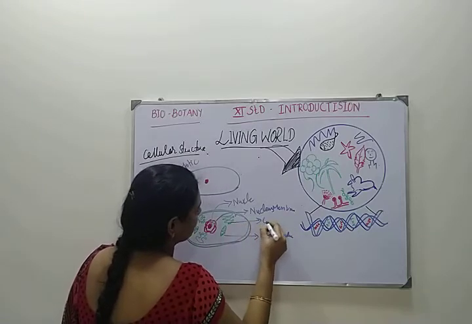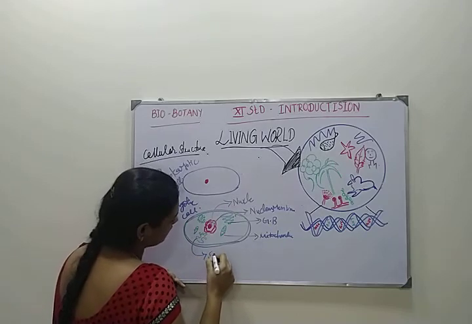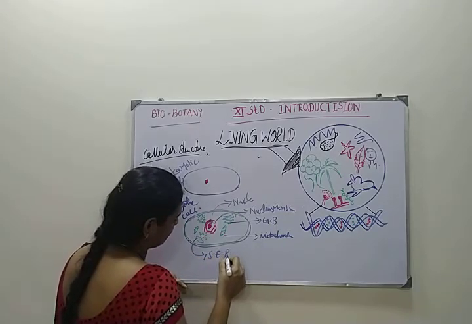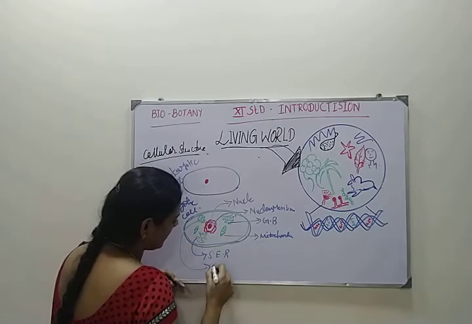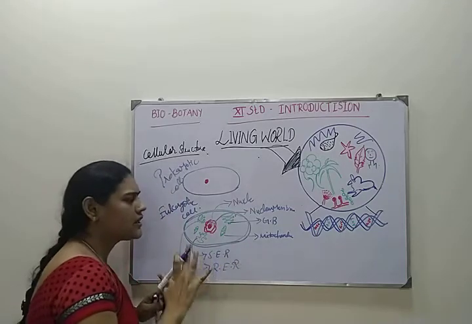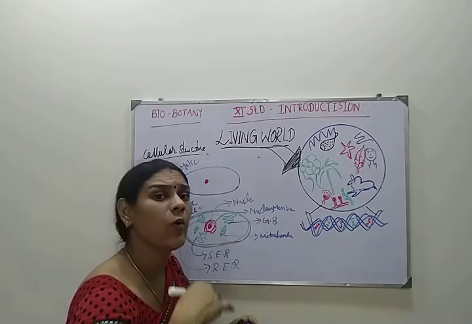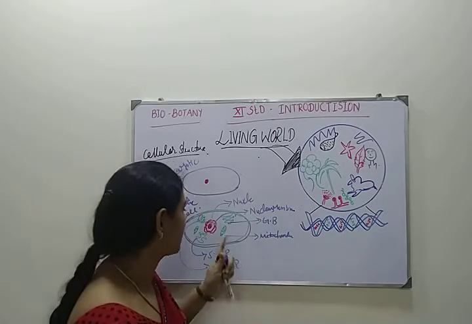This is your Golgi body and this is your smooth endoplasmic reticulum and this is your rough endoplasmic reticulum. In the lower classes you have studied plant cell and animal cell, right? In both plant cell and animal cell, you have studied the nucleus.